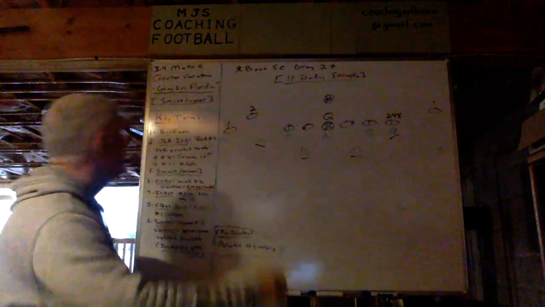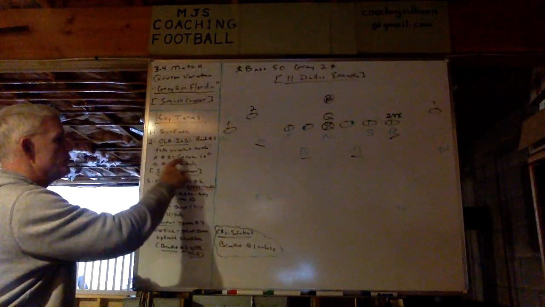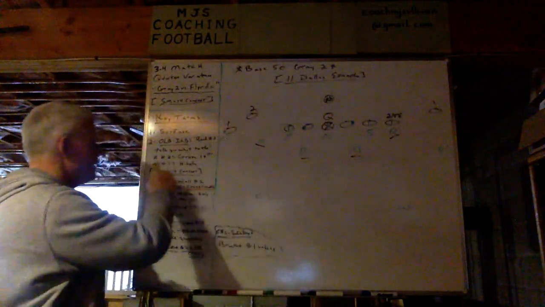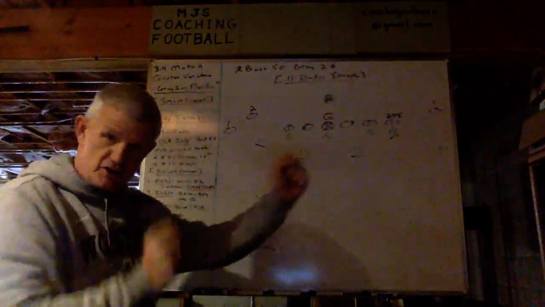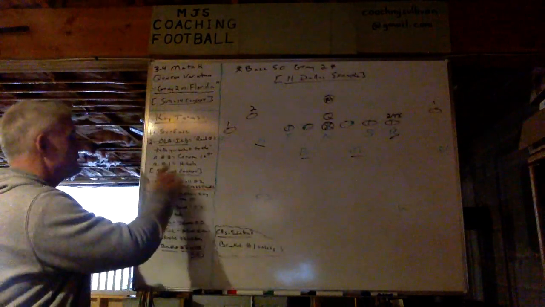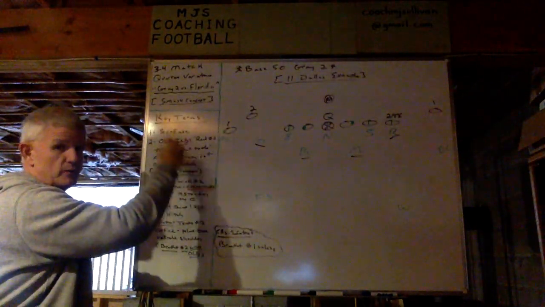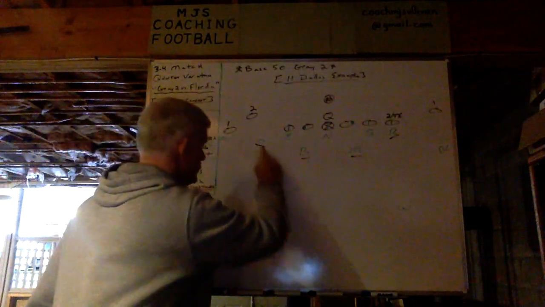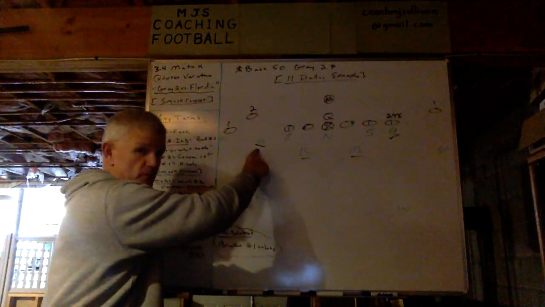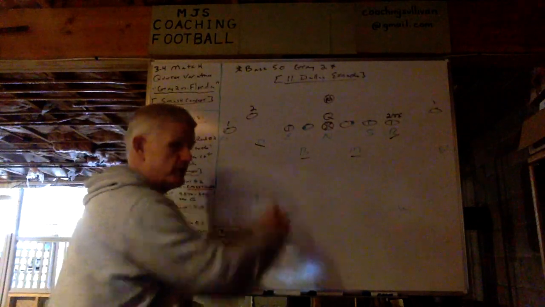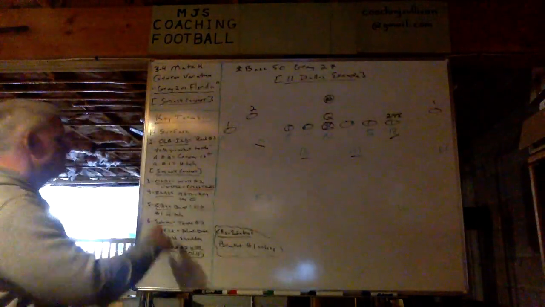In this case, number 2 is going to be running the corner at 10 plus, and number 1 runs the hitch. Smash concept. So that's what number 2 is going to do, and the impact of what number 1 does will determine what the outside linebacker does as well as the inside linebacker.